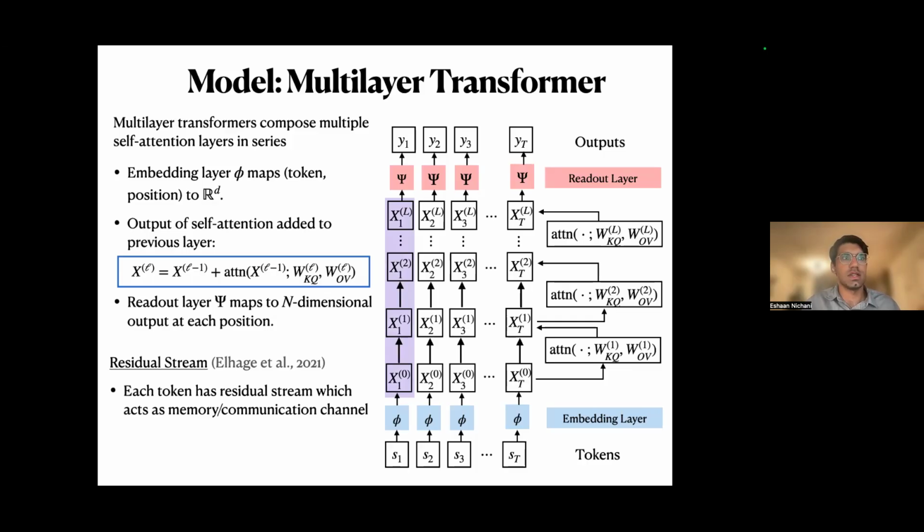At the input to the first layer, we have some d-dimensional embedding for each position, and each self-attention layer performs its attention computation by reading some information from a certain subspace of that residual stream, and then uses its value matrix to write the output of self-attention to some different subspace of this stream. And so as we go through the construction, we're going to use this viewpoint of attention heads reading from and writing to the residual stream to think about how information is propagating layer to layer.